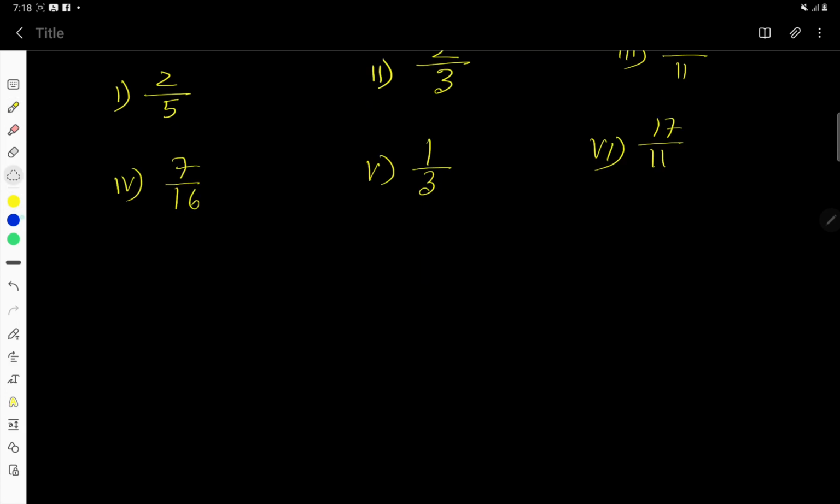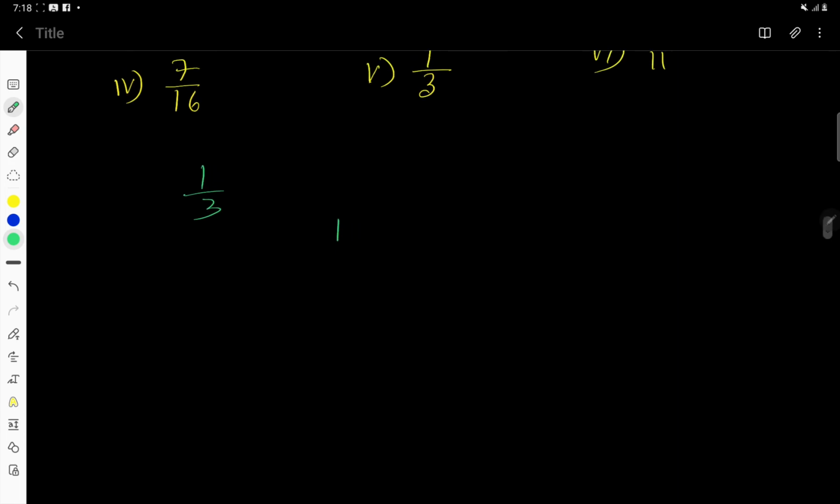Okay, consider this example, 1 by 3. So we have to divide 1 by 3. 3 goes into 1, 0 times. 3 times 0, 0, subtract, 1. Expand this dividend, you can take any number of 0. So bring down the first 0, but you have to line up the decimal. 3 goes into 10 how many times? That is 3 times. 3 times 3, 9.